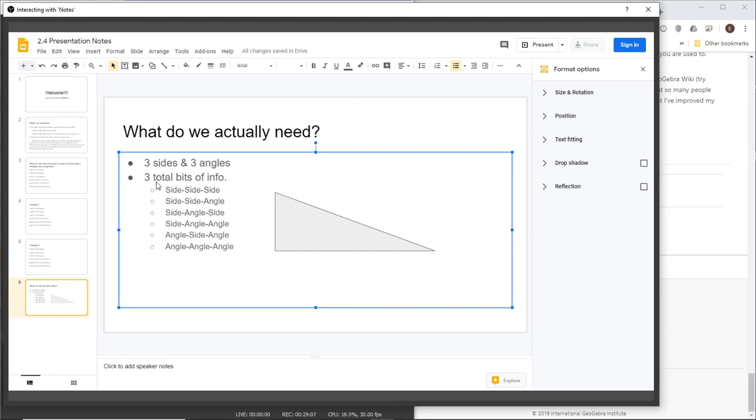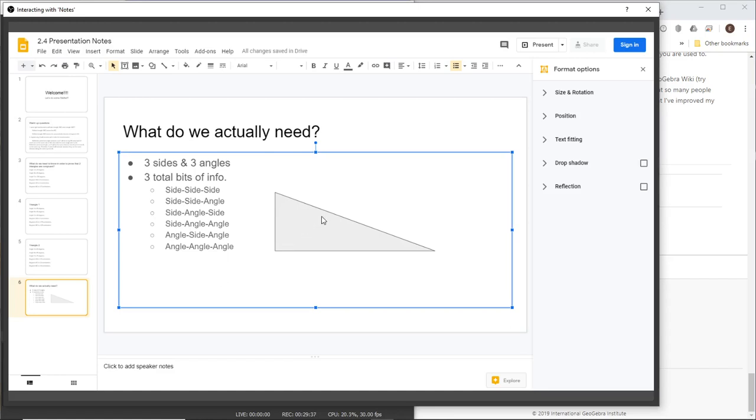But okay, so for side, side, side, essentially, that's having all three sides of information: side one, side two, side three. For side, side, angle, we're going to have two sides. For each of these, we're going around our triangle. If I start with a side, and then go to another side, either this way or this way, I have side number one, side number two, and then the next angle.